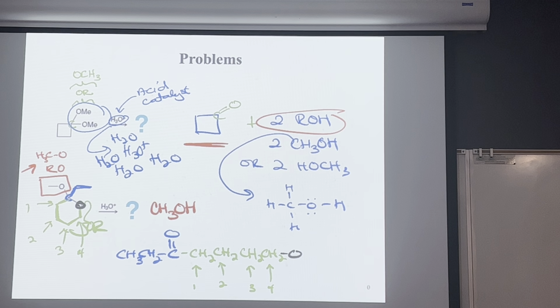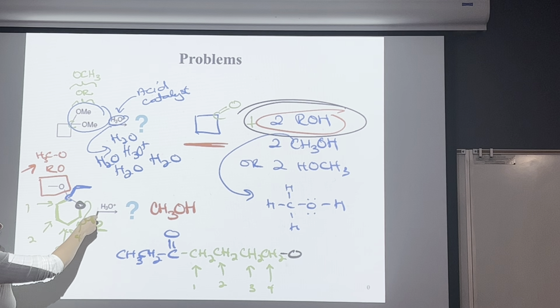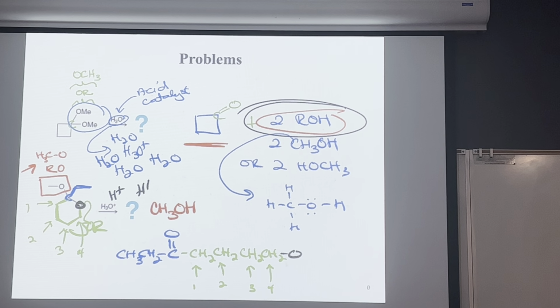But when we do hydrolysis, we're taking the ORs off, like pulling them off, and instead of RO or OR, they're gonna turn into what? They're gonna pick up a hydrogen, folks, because you don't wanna have an oxygen just sitting there because you're in acid. So if you're in acid, you have H pluses just floating around all over the place, so it hops onto that oxygen right there.